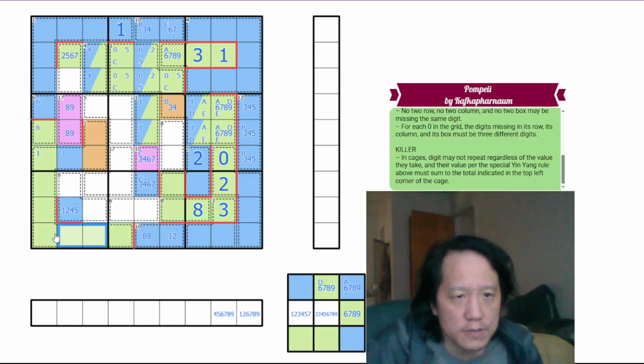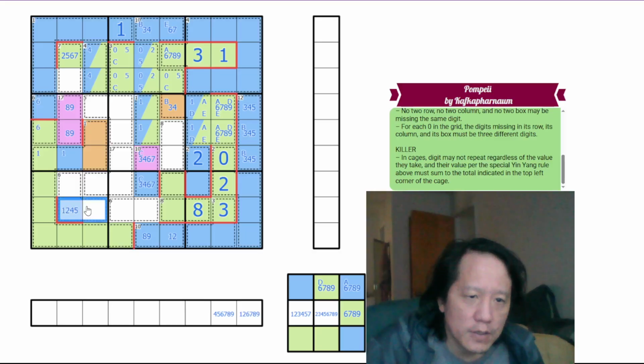Let's see. So if 1's here, this is all green, which would make this blue, blue, blue. That seems fine. Can it be blue, blue, blue? Oh, that's interesting.